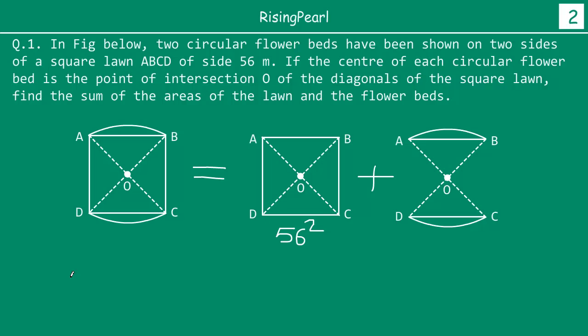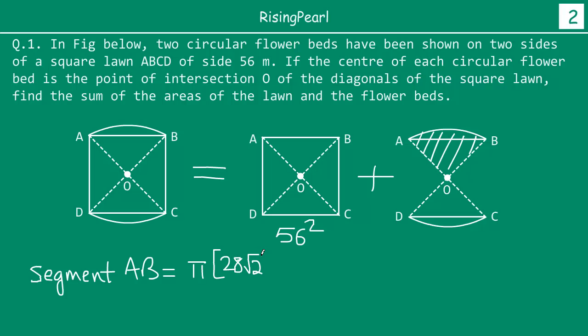So the area of the segment AB will be equal to the area of the entire sector, which is going to be pi r square, where r is 28 square root 2, pi r square by 360 times 90, right?